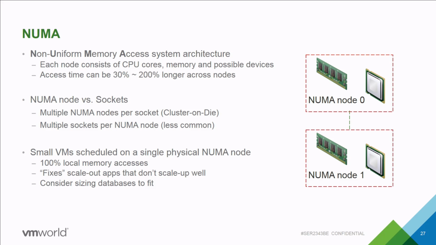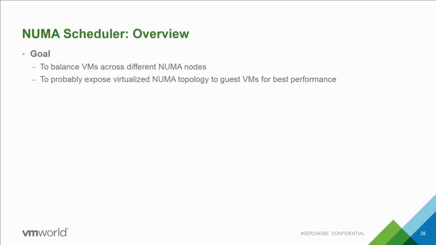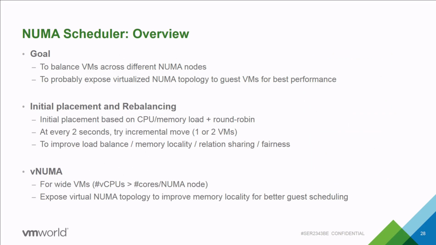Because of this asymmetric behavior, there's a new challenge for the resource management algorithm: the NUMA scheduler needs to understand this asymmetry. We should consider two different cases. Let me start with the simple case, when the virtual machine is small.